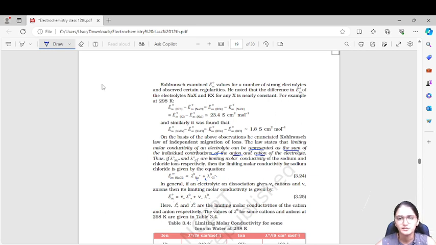For NaBr, which two ions will come into picture? Lambda naught of Na plus and lambda naught of Br minus. So whatever ions you have, those ions will come in from the electrolyte, and that is the statement of Kohlrausch law: the molar conductivity of an electrolyte is represented as a sum of individual contributions of the anion and cation of the electrolyte.